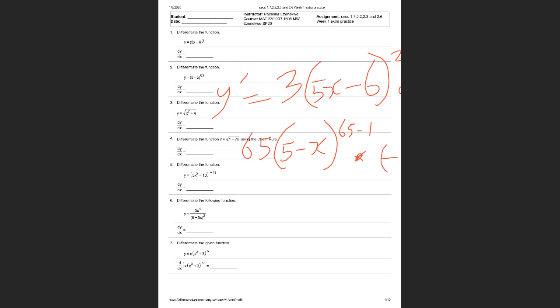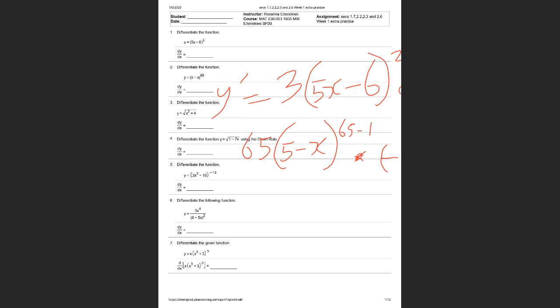And if I simplify, my final answer is going to be negative 65, bring down the inner function, 5 minus x, and then 65 minus 1 is 64. So that is the simplified function. And that is number 2.